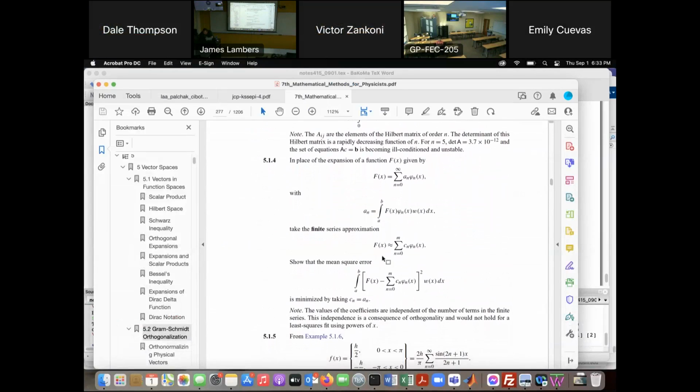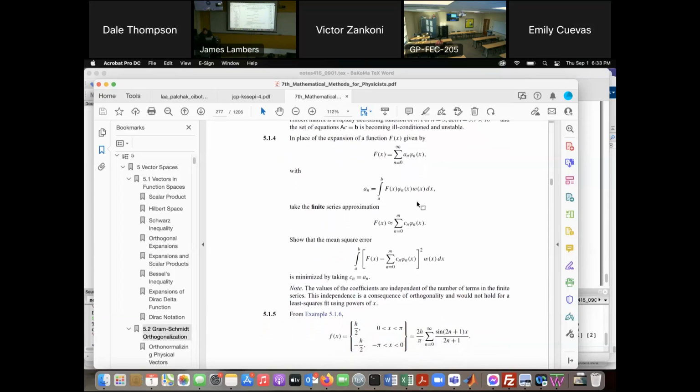For 4, they kind of slightly work in concepts of orthogonality, which means you would need to assume that these functions are at least orthogonal. And actually, I think orthogonality would be enough.